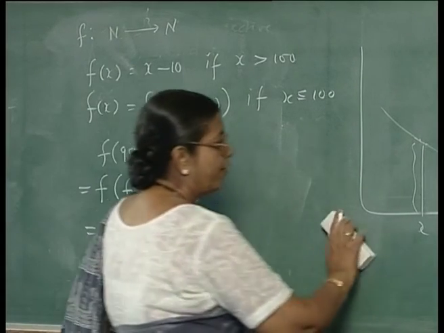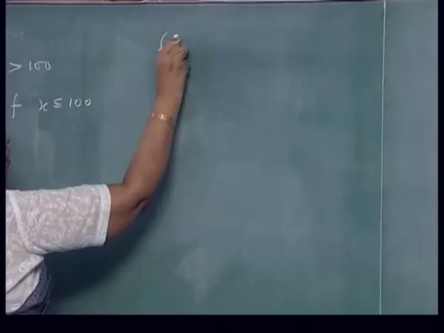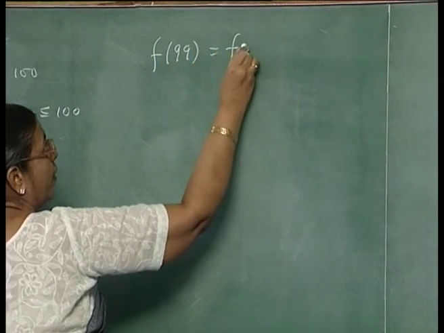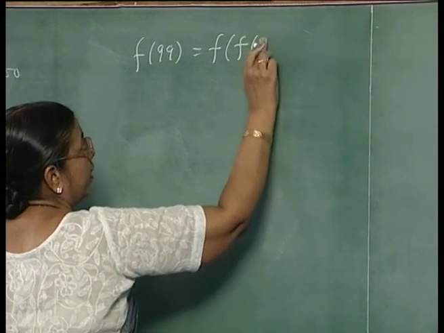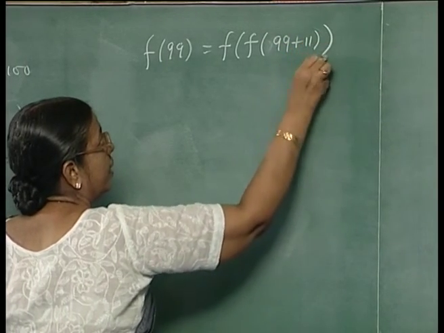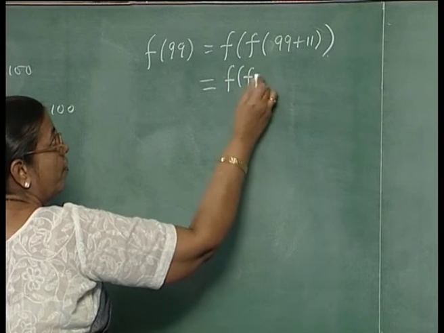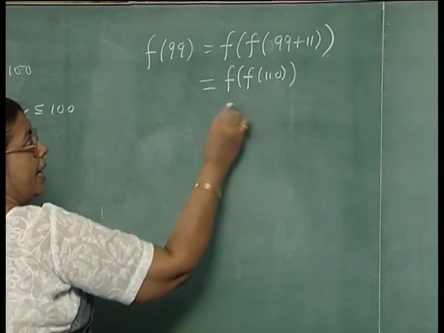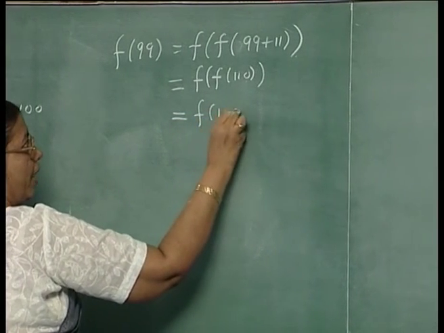But what is f of 99? f of 99 is equal to f of f of 99 plus 11, that will be equal to f of f of 110, but this is greater than 100. So, you will subtract 10. So, that will be f of 100.